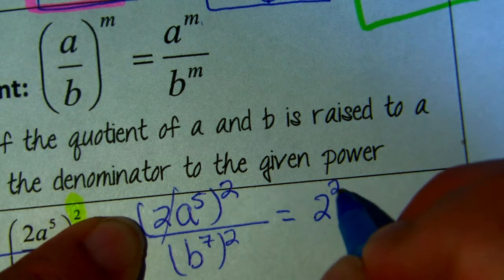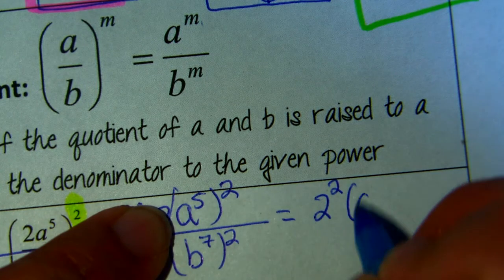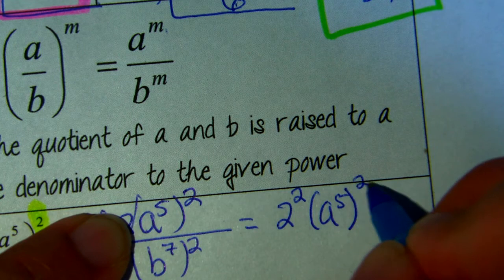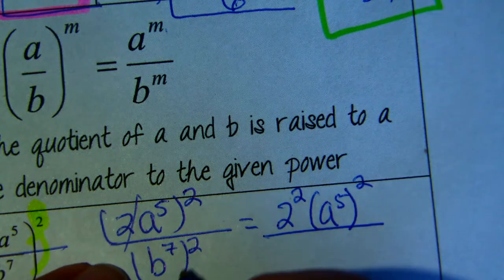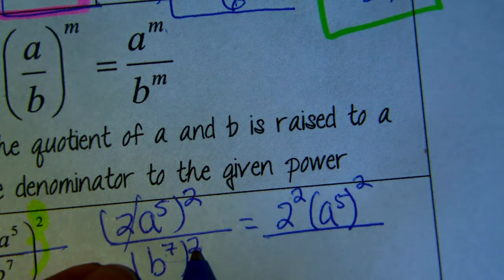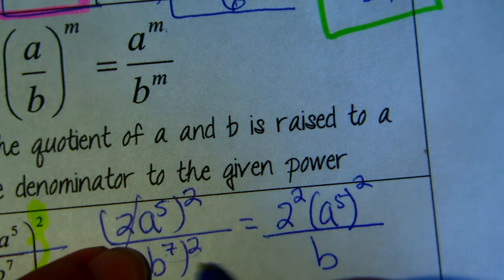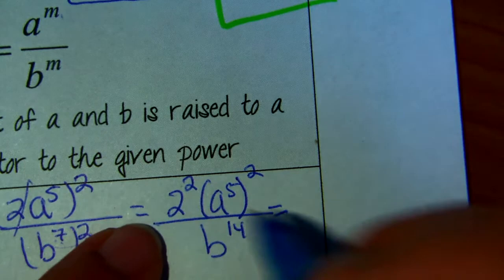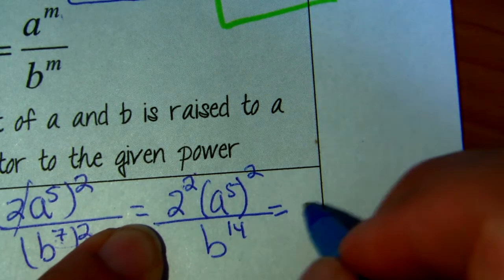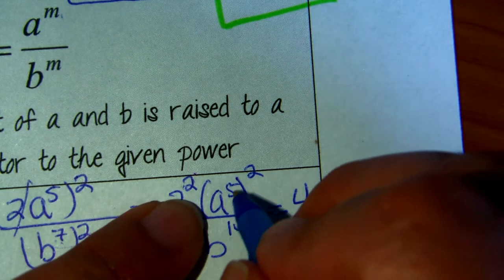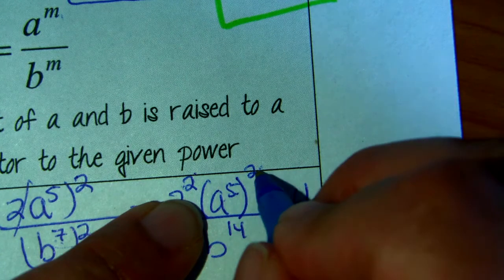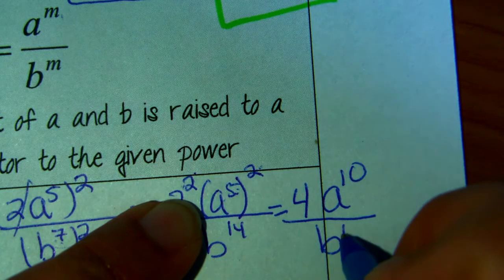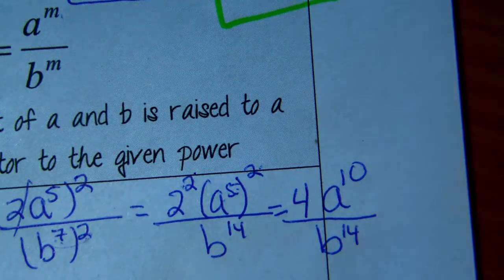So you have 2 to the power of 2 times a to the power of 5, all of it to the power of 2. We can simplify this one. What did we say? Power to a power, you multiply the powers. So 7 times 2, 14. 2 squared gives you 4. Power to a power, multiply the powers. 5 times 2, 10. And b to the 14. And that's your answer.